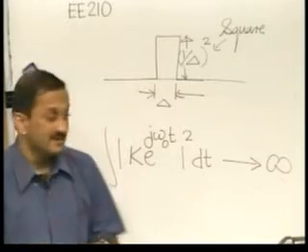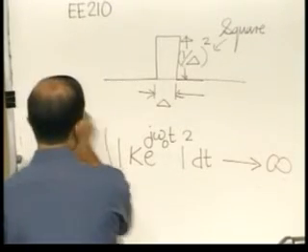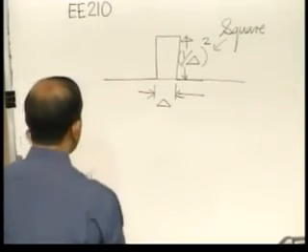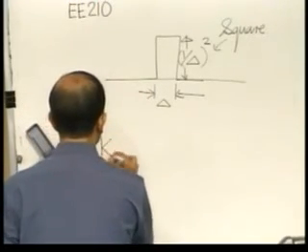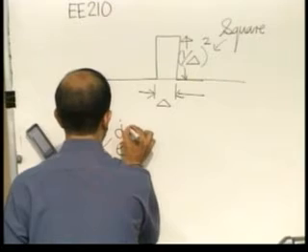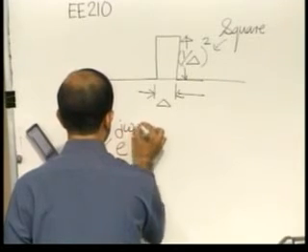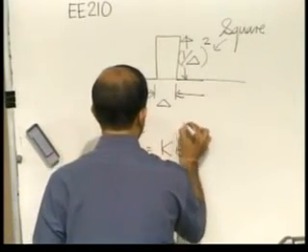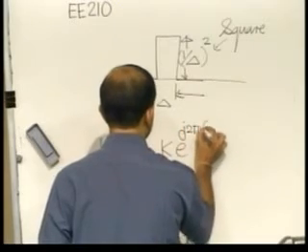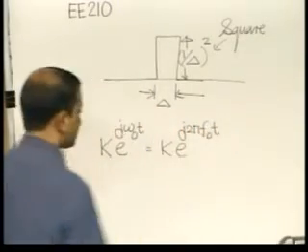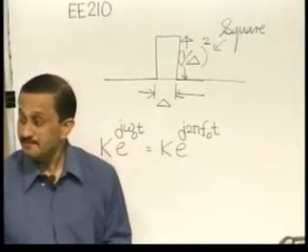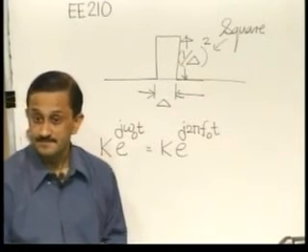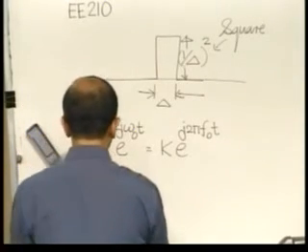But then we do have something like power, don't we? For example, if you take the function k e raised to the power j omega naught t, or k e raised to the power j 2 pi f naught t, we can define the power, that is the energy over a unit period. And how much is the power?